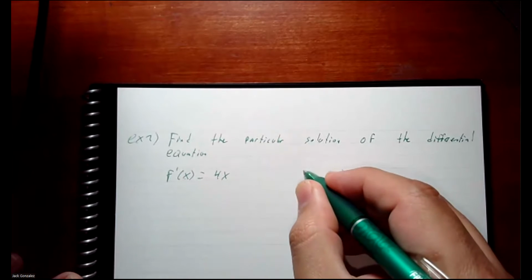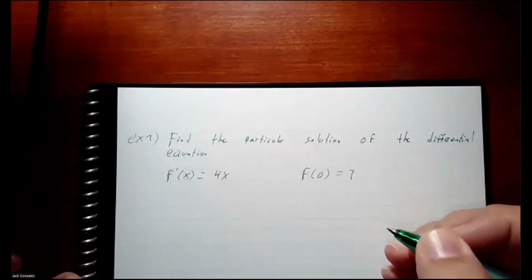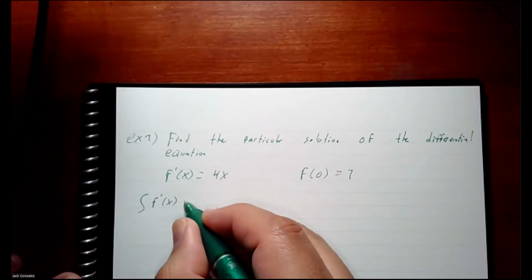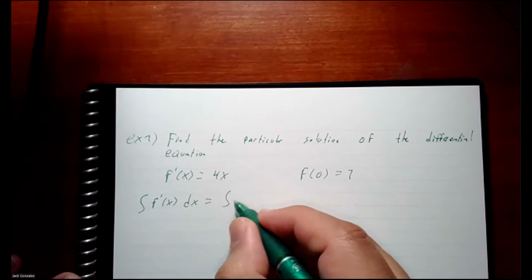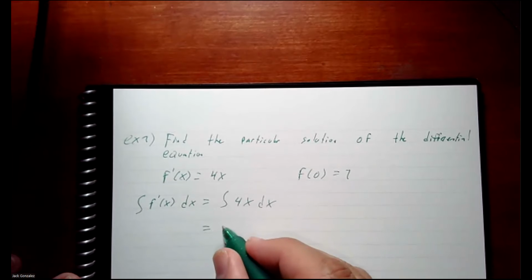They gave us an initial condition, so that the original function at 0 is equal to 7. So if I integrate f prime with respect to x, integrate 4x dx, that'll get me to 4x squared over 2.